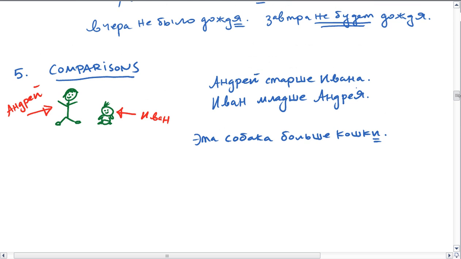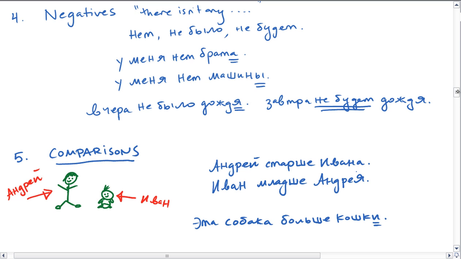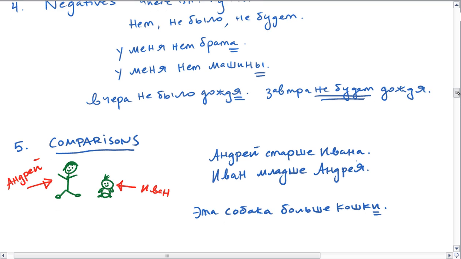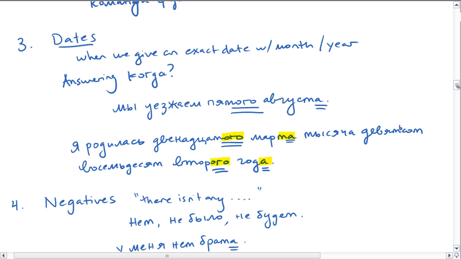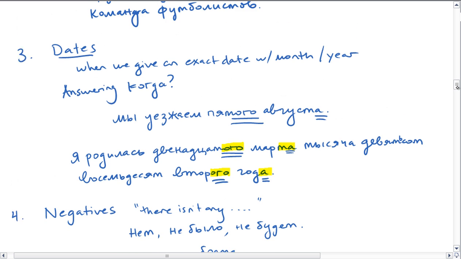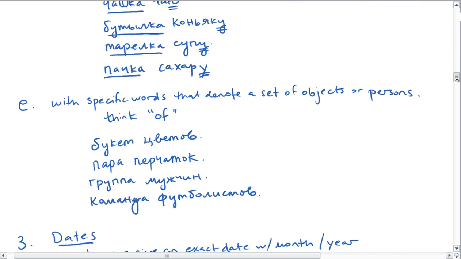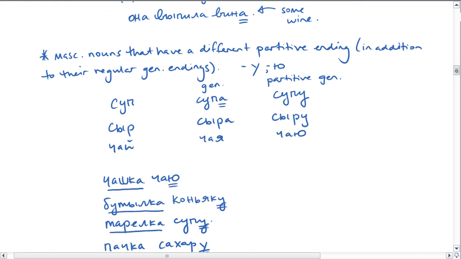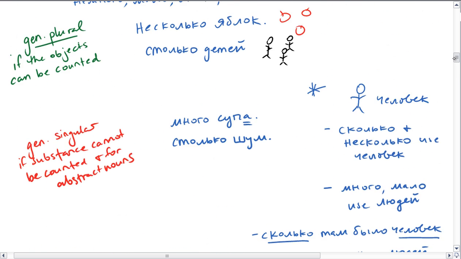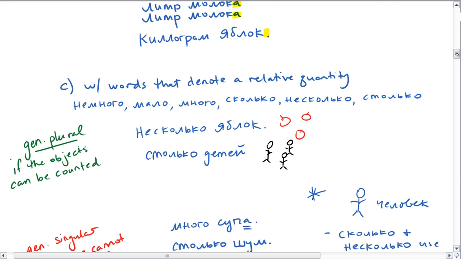So for now, hopefully you're more familiar with when you would use the genitive case. If you were making a comparison, if you were commenting on a lack of something, if you were giving a specific date with a day, month, and year. And then all of these instances when you're talking about measure and quantity, including these words that denote a relative quantity.